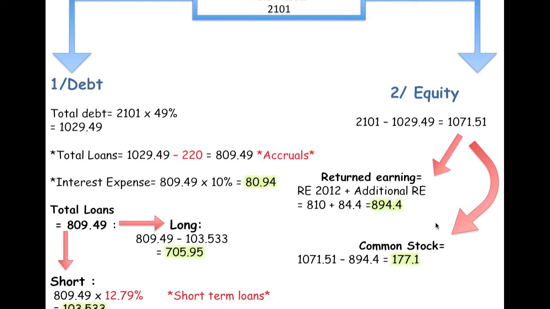To get retained earnings, take retained earnings for 2012 and add it to the additional retained earnings that we got previously. Then, to get the common stock, take the total equity 1071.51 minus the retained earnings, which is 894.4. Now we can copy the green answers to Excel.